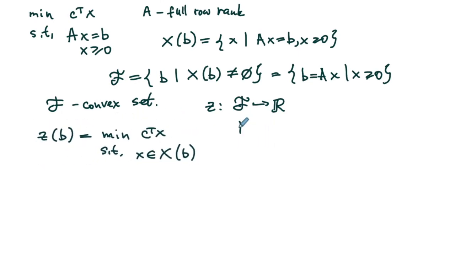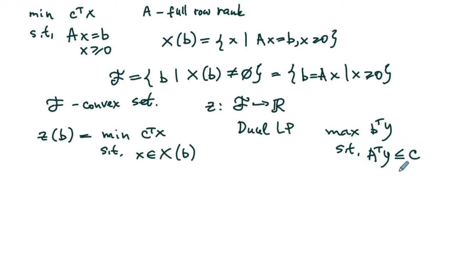So the dual LP is given by maximizing b transposed y. Here we have the equality constraint, meaning that the dual variables will be unrestricted in sign, and because x is non-negative, we will have the dual constraints of less than or equal to type. So you have maximize b transposed y subject to A transposed y less than or equal to c.